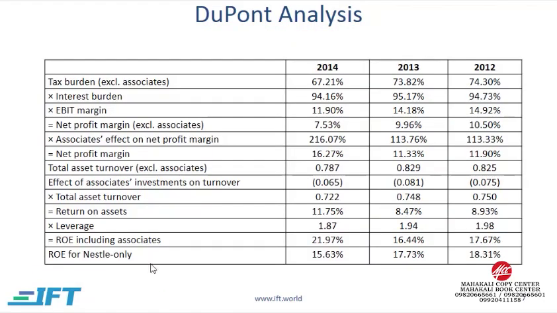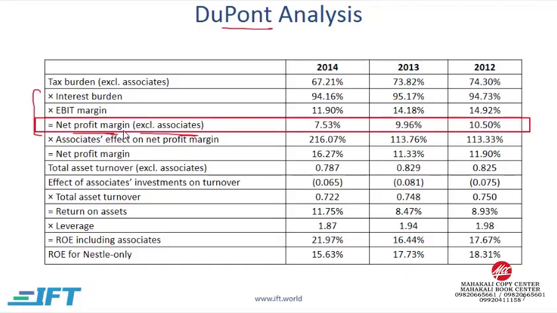All right, now let's look at this DuPont analysis. These few lines talk about the decomposition of net income over revenue. And notice that here we have the net profit margin excluding associates. So I want to emphasize a point over here.